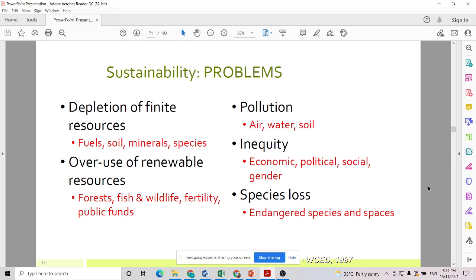Setakat ni ada apa-apa soalan? You have any question regarding sustainability? Ada soalan? Senyap je.